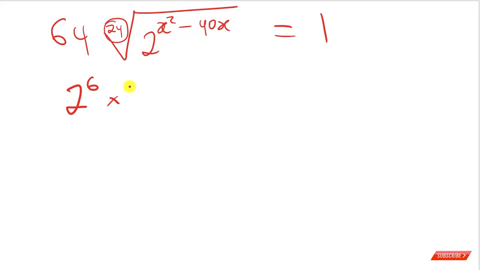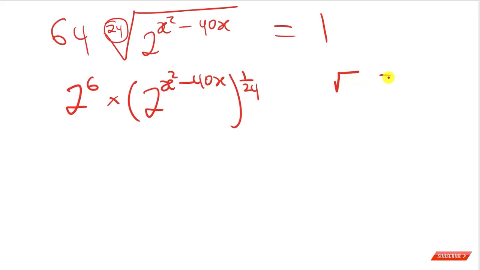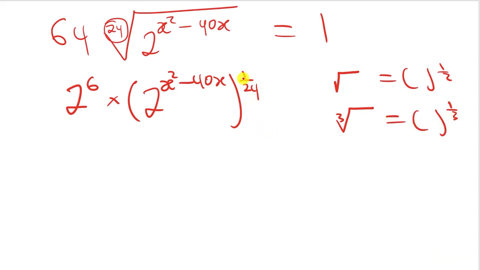We are going to rewrite that as 2 exponent x squared minus 40x, all exponent 1 over 24. You don't forget that if you are having square roots, this is the same as exponent 1 over 2. If you are having cube roots, it is the same as exponent 1 over 3. In that case, if you're having 24th root, this is the same as exponent 1 over 24.